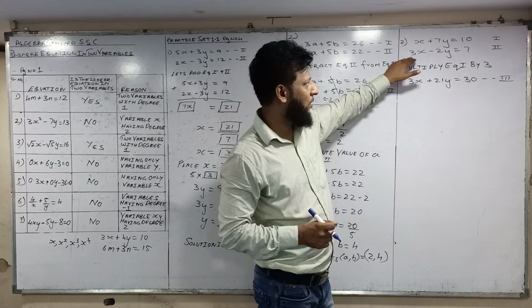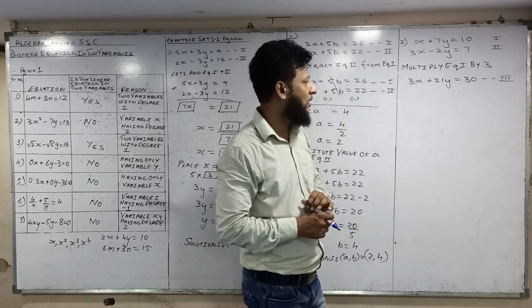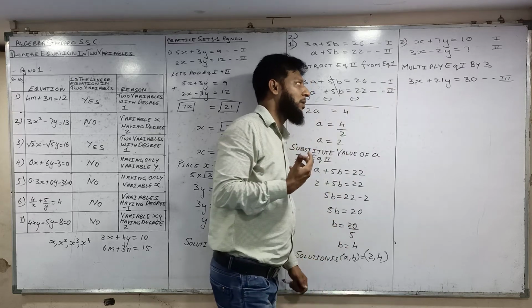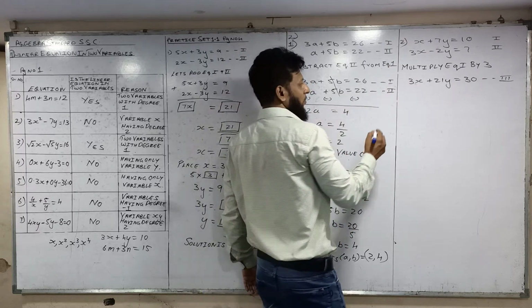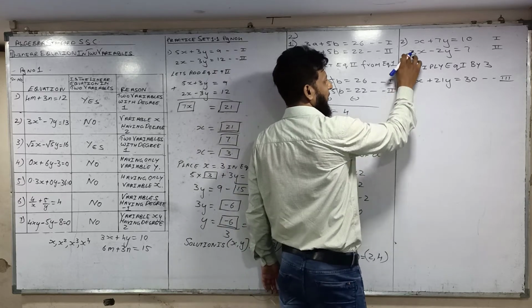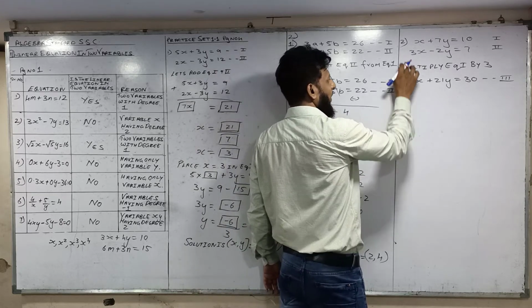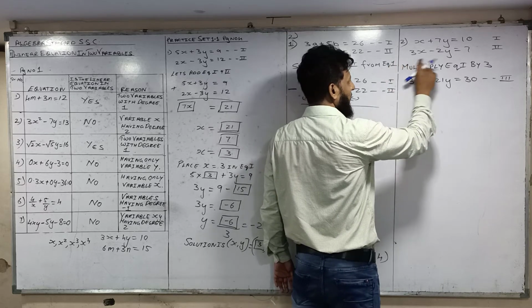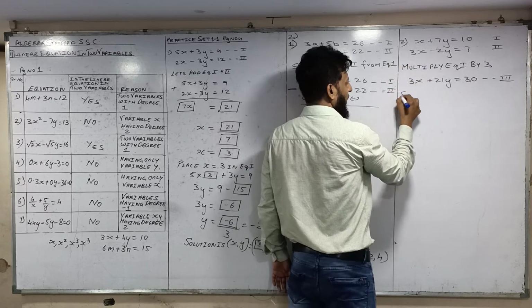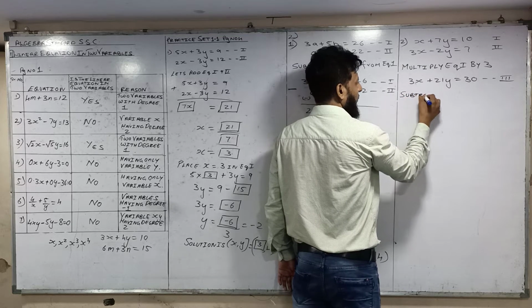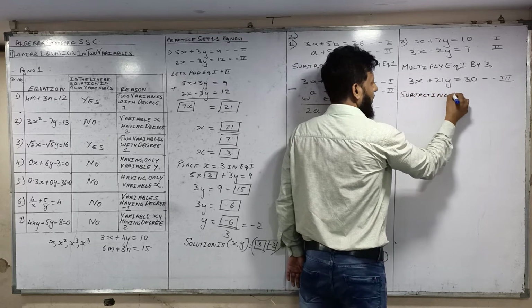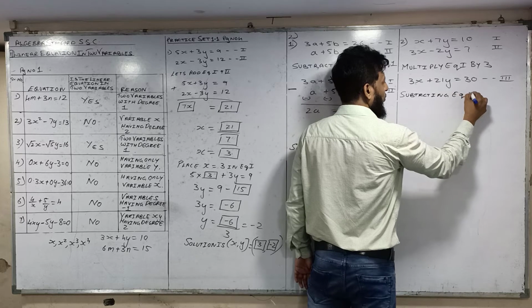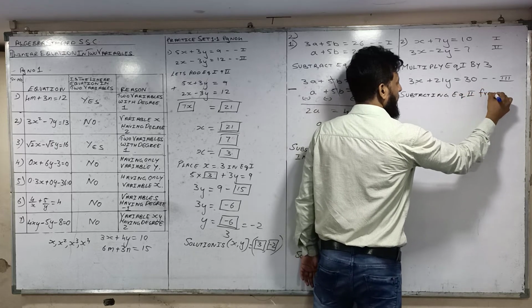Now you can see in equation 2 and equation 3, you just have to subtract. They both have a plus sign, so they cannot be cancelled. To cancel this, you have to make one of the equations negative. So I am subtracting equation 2 from 3.